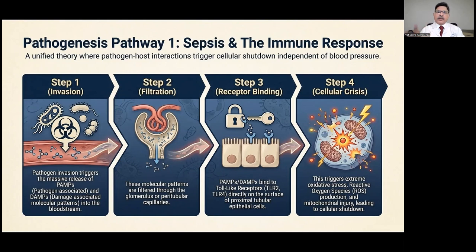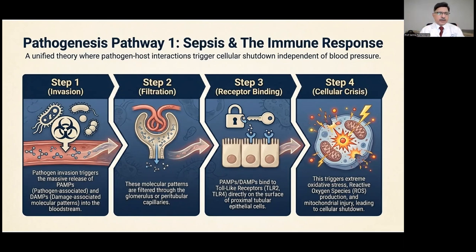Then they let them go, but they don't keep quiet. They go and bind to the receptors there. These are the TLR2 and TLR4 toll-like receptors in the PCT, and the PCT is shattered and damaged. Then what happens? The cells of the PCT are opened up, and mitochondria are destroyed, leading to cellular shutdown through oxidative stress and reactive oxygen species production.